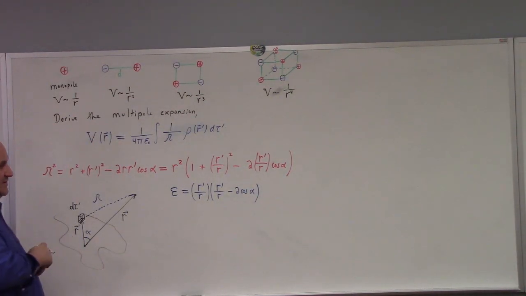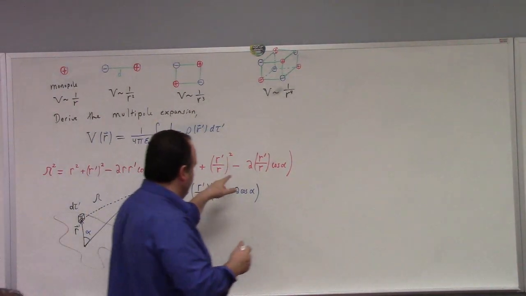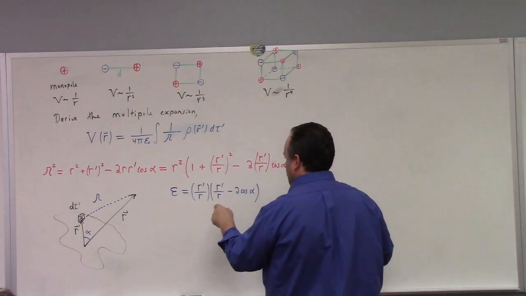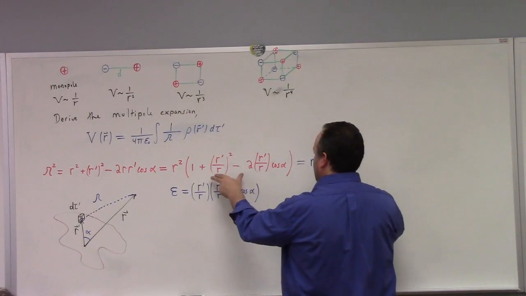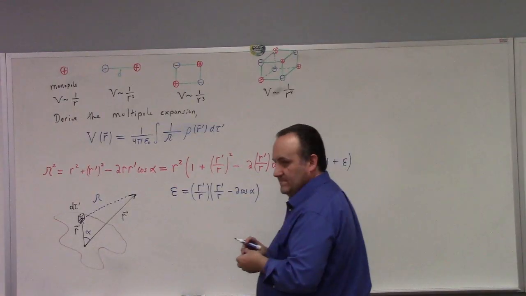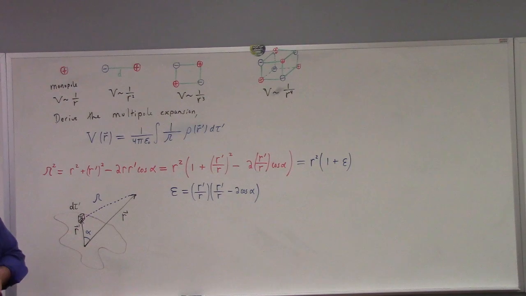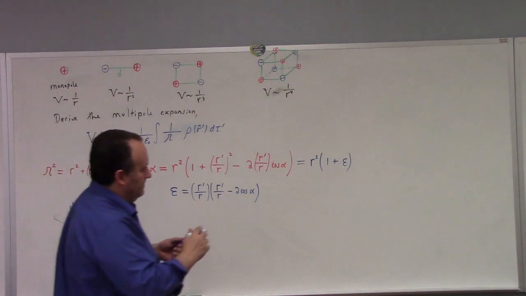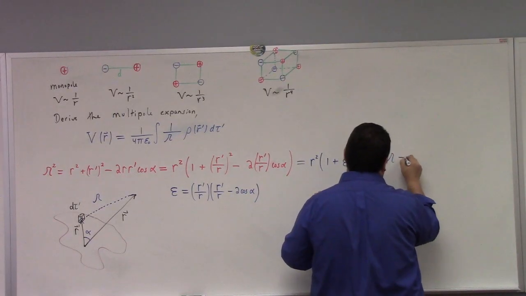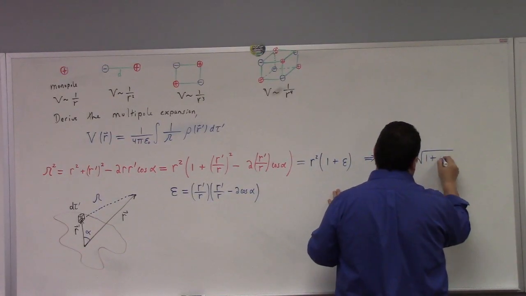So with that notation, do you see what happens in the thing above? It's 1 plus epsilon, right? So if I want to solve for script r, script r is r times the square root of 1 plus epsilon.